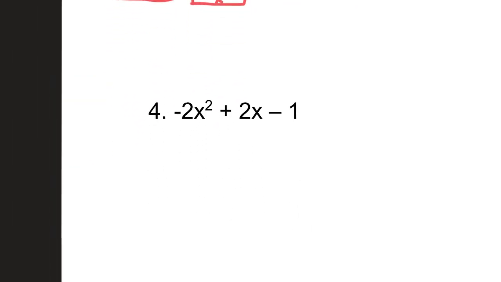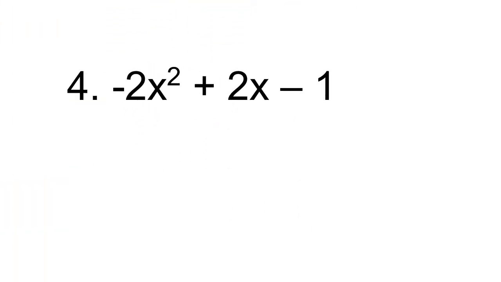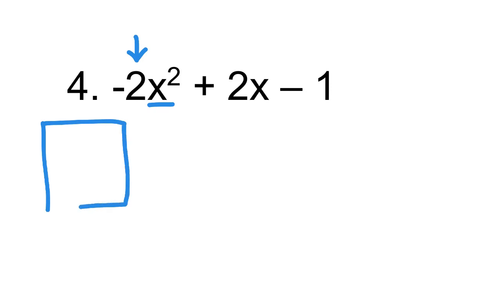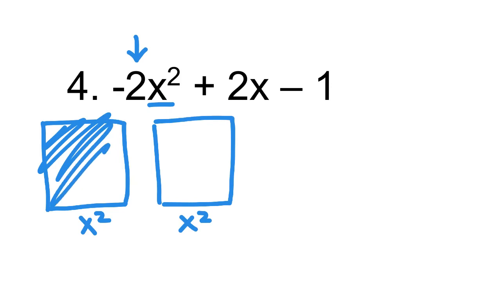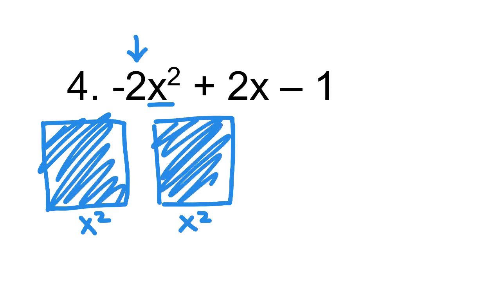Now let's look at number 4. The coefficient on x squared is negative 2. That means we're going to have 2 x squareds. Now because it's negative, it's going to be shaded in. So this will represent negative 2 x squared.